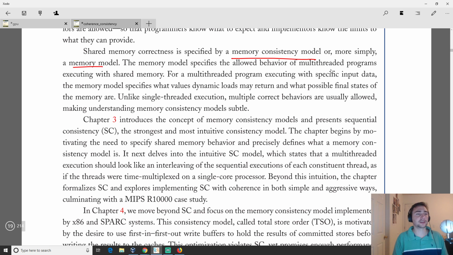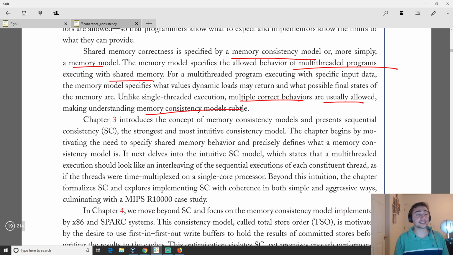And it's going to specify the allowed behavior of multi-threaded programs executing with shared memory. So, our main topic in this is not going to be, say, single-thread performance or something. It's going to be scenarios where we have multiple actors, right? So we're going to have multiple threads going at the same time, sharing data potentially. So as we said, unlike single thread, multiple correct behaviors are usually allowed.